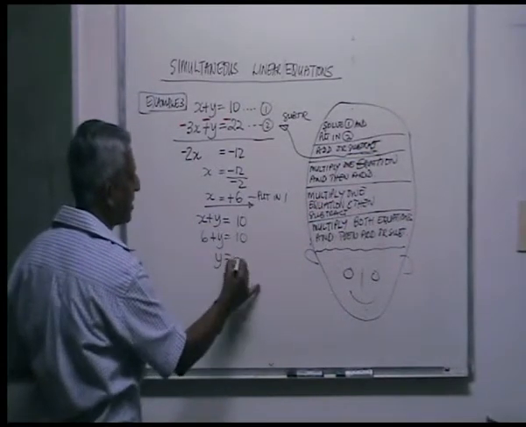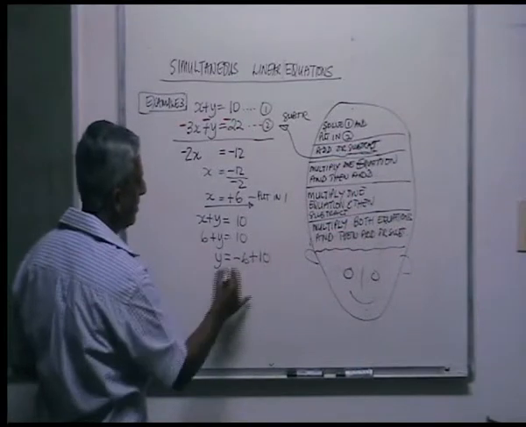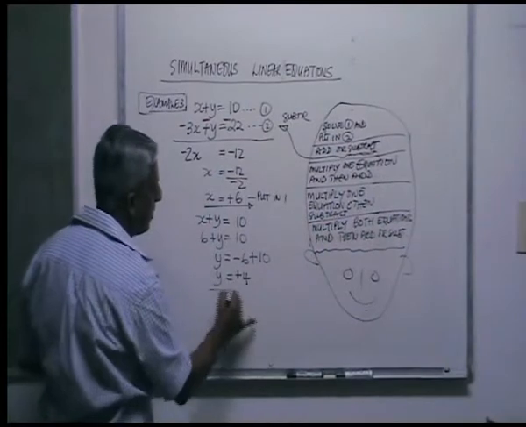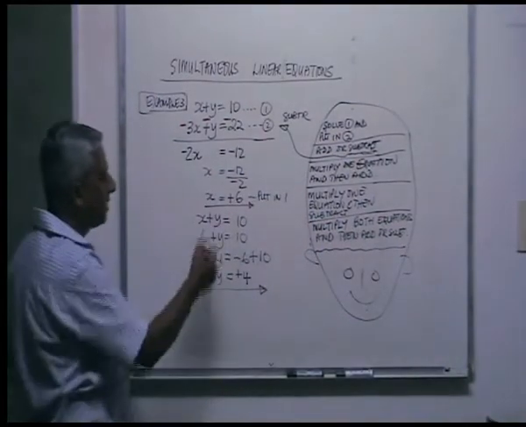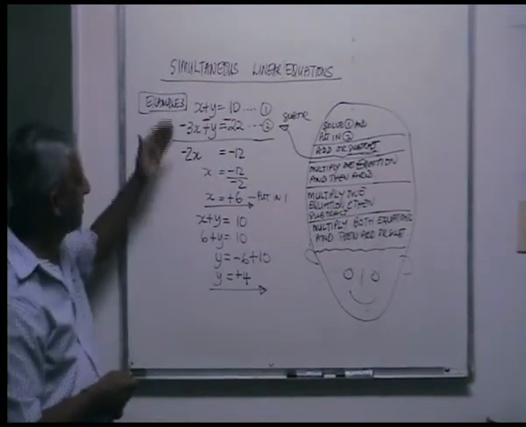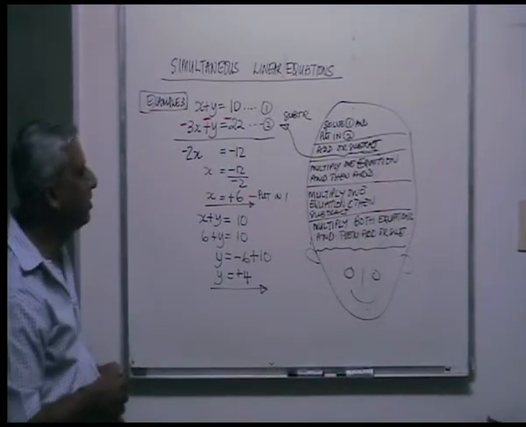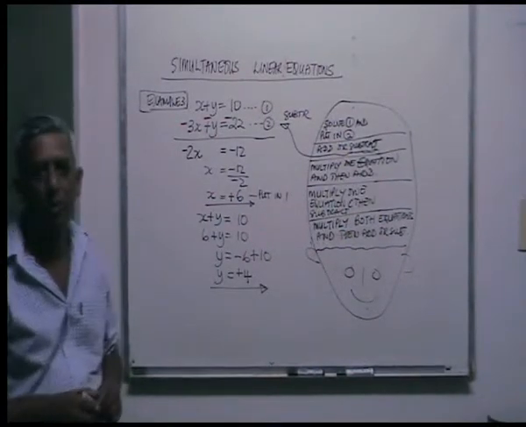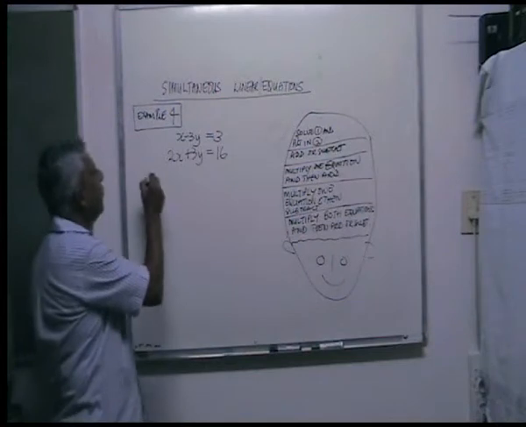Y is equal to, take the 6 that side, minus 6 plus 10. Y is equal to plus 4. So we have solved for x and we have solved for y. So this one was just subtracting and then moving forward. Alright, we'll move on to example 4 shortly.